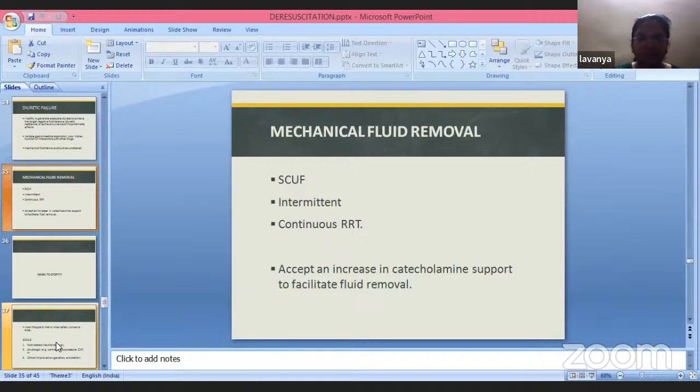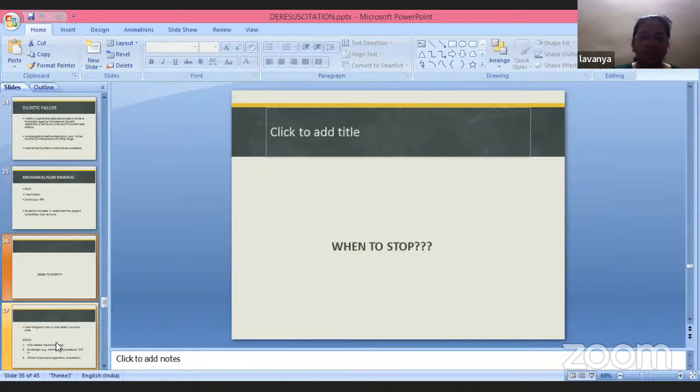When we are doing a mechanical fluid removal and the patient is on vasopressor support, the question is, can we actively still remove fluid? Most of the studies told yes, we can still continue, like a SCUF which is done over 24 hours, with a very low ultrafiltrate removal per hour. So do accept an increase in the catecholamine support to facilitate the fluid removal.